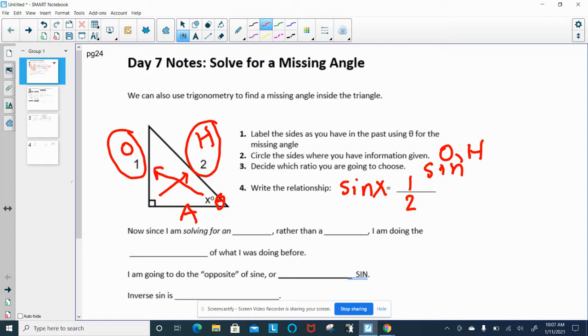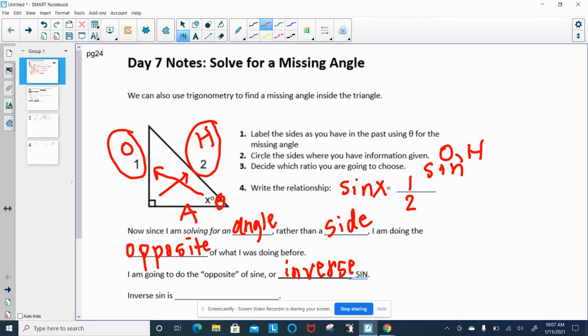Now, since you're solving for an angle rather than a side, I'm doing the opposite or the inverse of what I was doing before. This is called inverse sine.